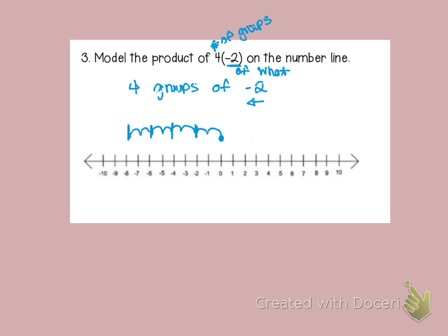Where did we land? We landed on -8. So here's 1, 2, 3, 4 groups of -2. Let's just check. What is 4 times 2? That is 8. And then we have an integer man. We had a +4 and a -2. So it's a -8. So that's right.